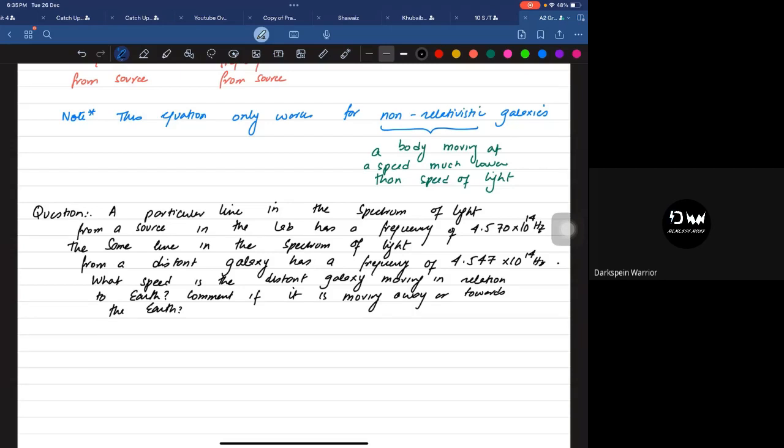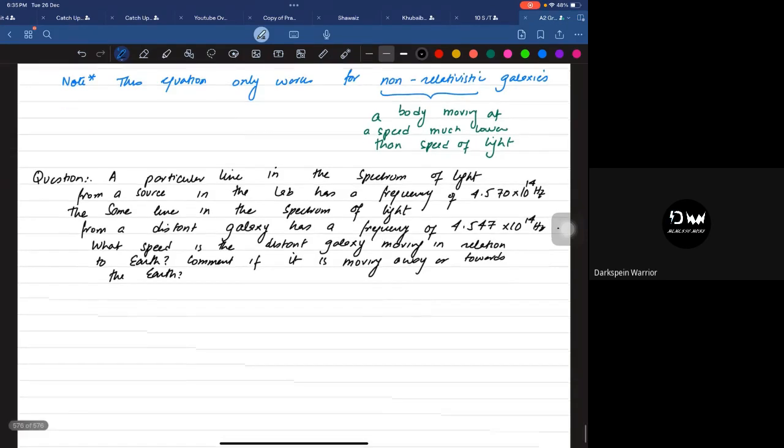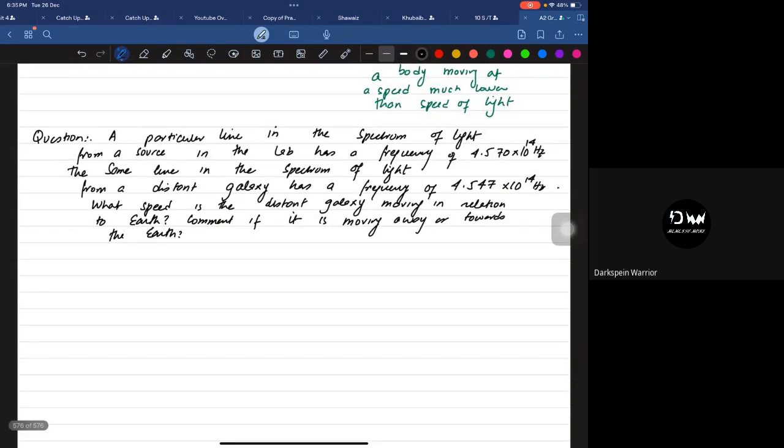So first off, we're going to use this. Change in frequency will be 4.570 minus 4.547.